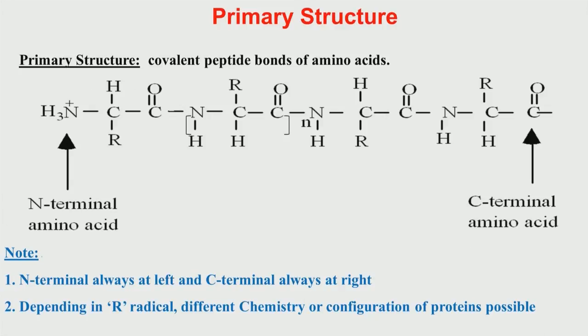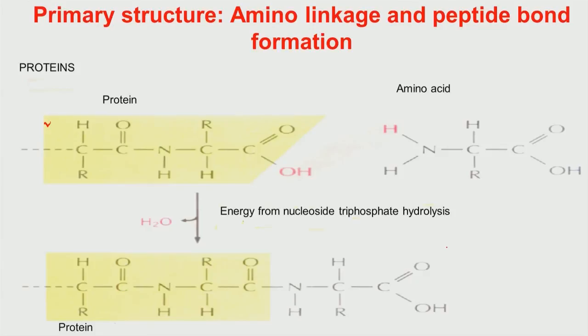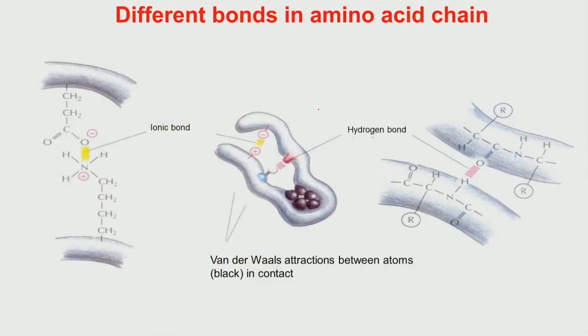This has been shown here as I was explaining, and this amino linkage and peptide bond formation is also shown in this slide, with OH and OH, and then water molecules being released.